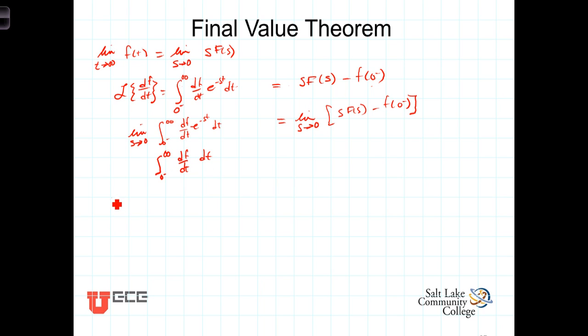We're going to say that this left-hand side can be thought of as the limit as t approaches infinity of the integral from 0 minus to t of df. I'm going to use a dummy variable for the integration here, so instead of t, we're going to call it y, dy.